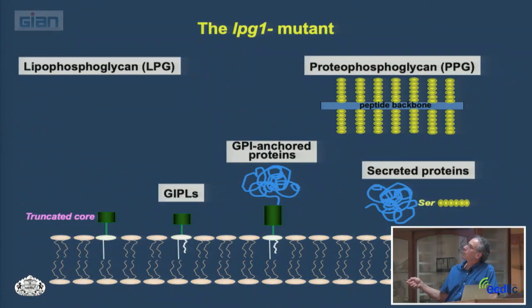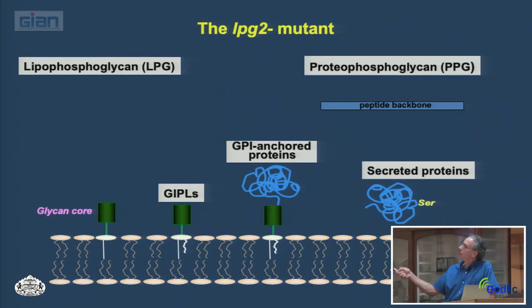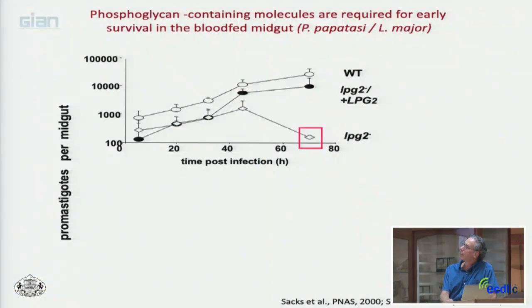This LPG1 mutant is deficient only in expression of LPG, so the major surface molecule is gone. The LPG2 mutant lacks the ability to polymerize, to generate these repeat unit structures on any of these surface and released phosphoglycan molecules.